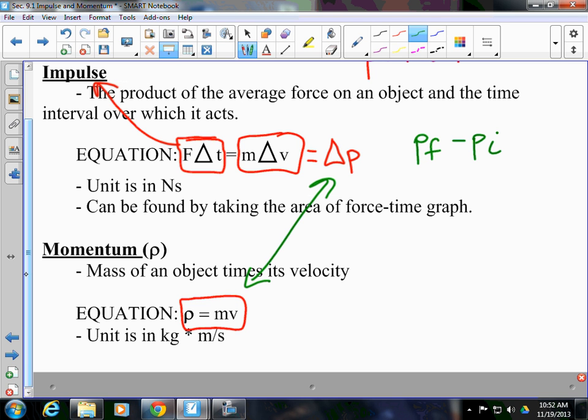Well, my final momentum is going to be my mass times my final velocity, subtracting my mass times my initial velocity. So that is the equation for change in momentum.